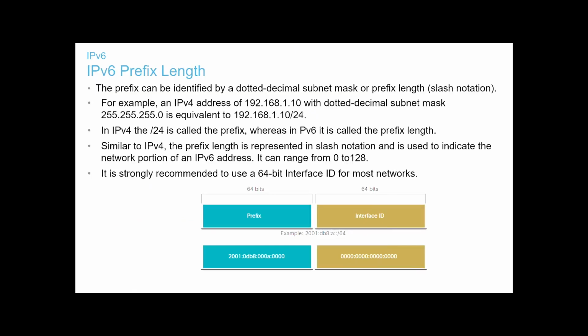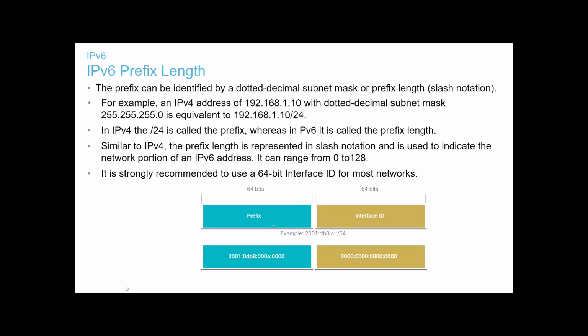We no longer use the slash number or the decimal subnet mask like 255.255, but we use the prefix length, and it's generally a /64.